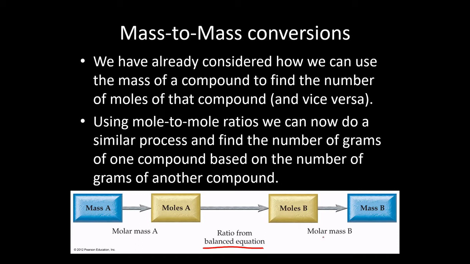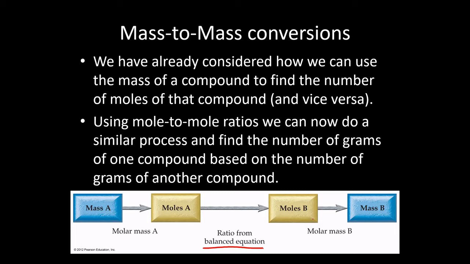And then to work out the mass of that second thing, it's once again just a molar mass conversion. So you would look up the molar mass of that second thing on the periodic table and convert the number of moles into mass.